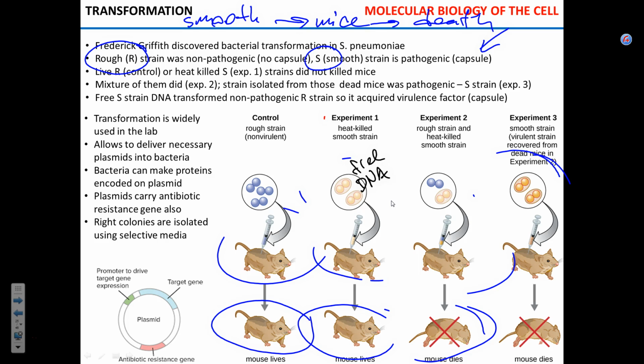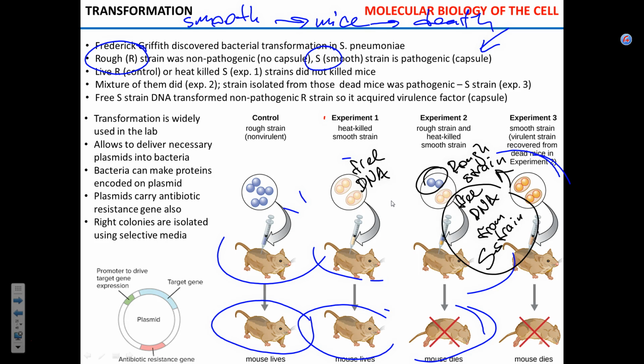But when you mix that free DNA and the non-pathogenic live bacteria, that free DNA from the smooth strain gets taken into the cells that were non-pathogenic.